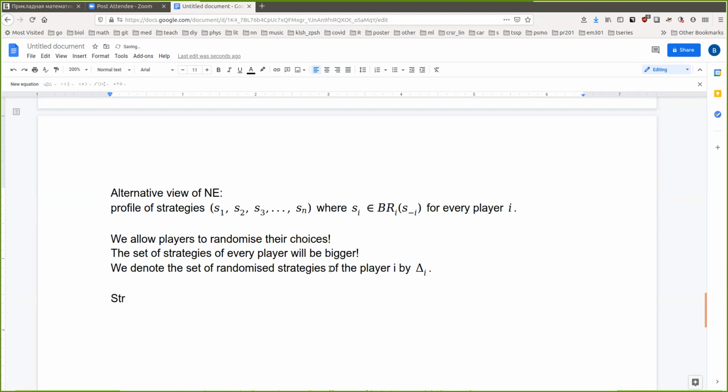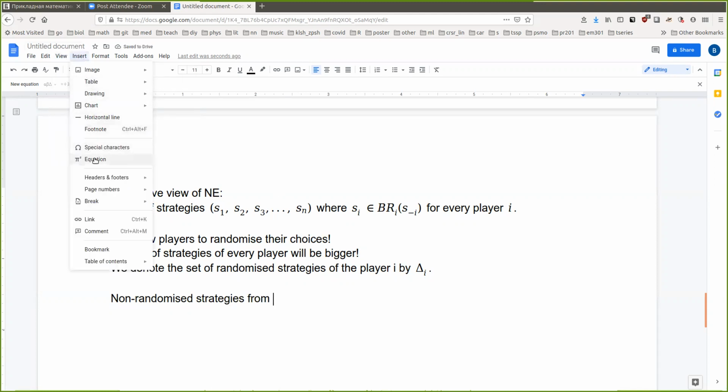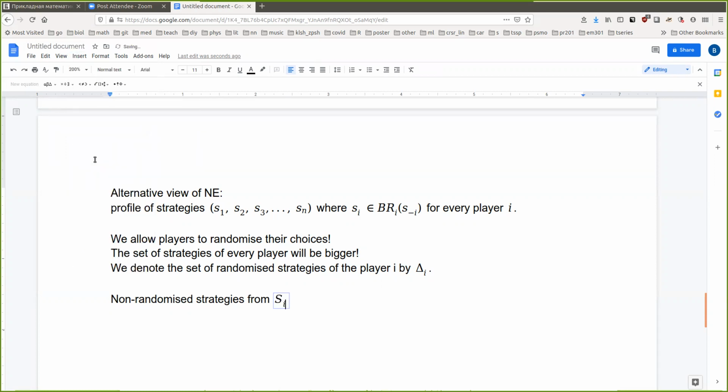The original, non-randomized strategies from S I, we will call them pure strategies, and randomized strategies from delta I, we will call them mixed strategies. The terminology is clear?